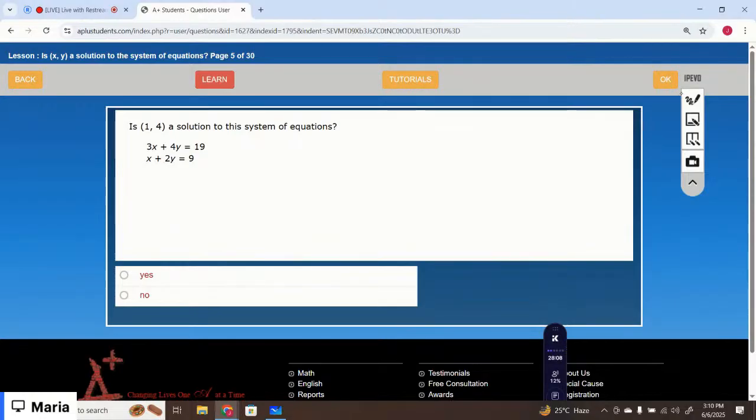The correct option is yes, it is a solution. Option number 1 is the correct option.